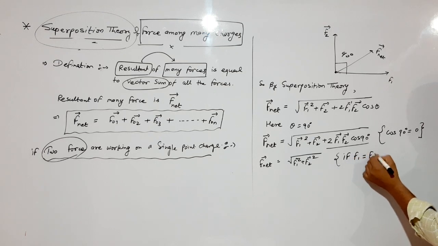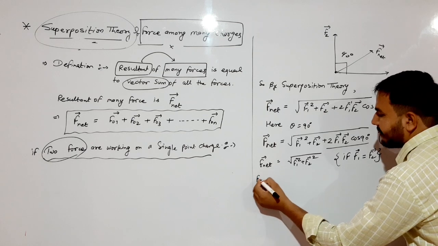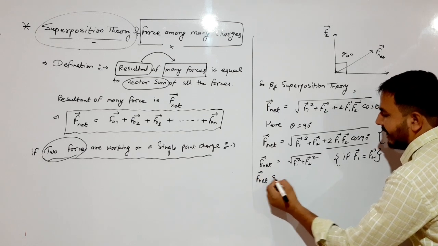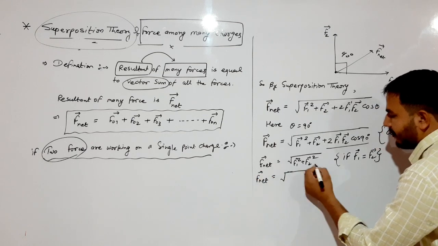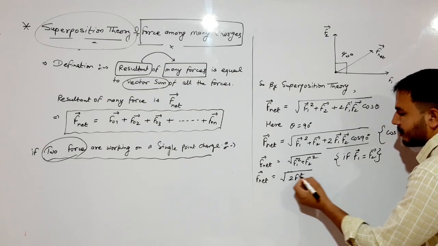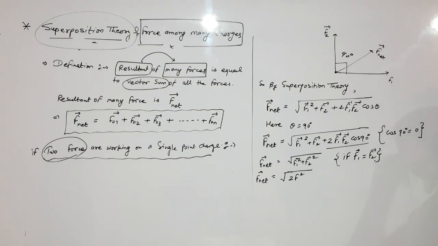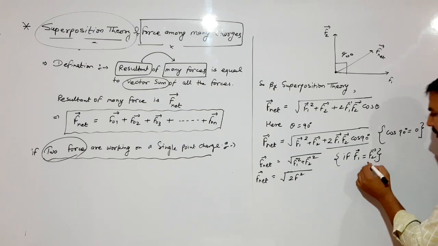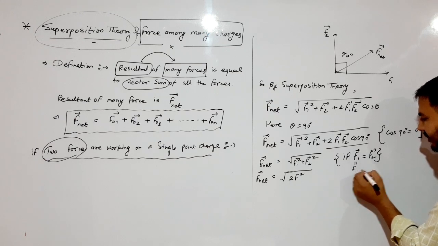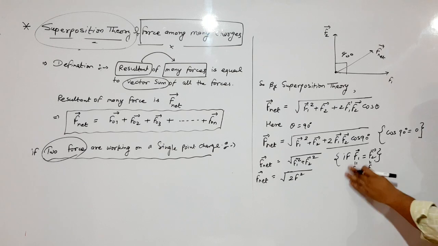If F1 is equal to F2, in this case F net is equal to the root of 2F square. These are equal, clear? This one is equal to F, this one is equal to F. Both are equal to each other.